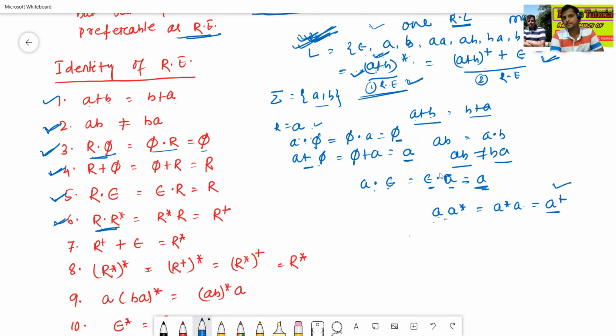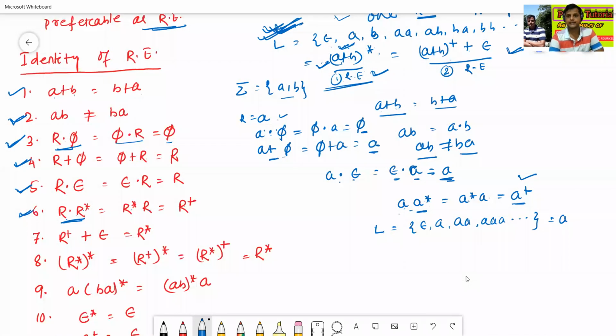Suppose the language is a star, that is, L equals epsilon, a, double a, triple a, like this. Now we multiply a with the given language.